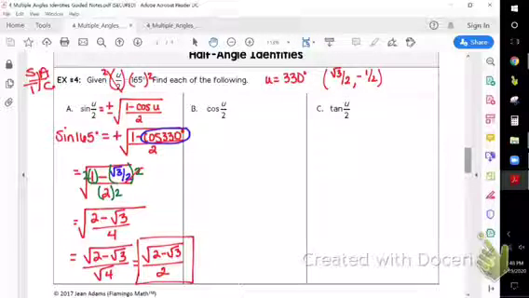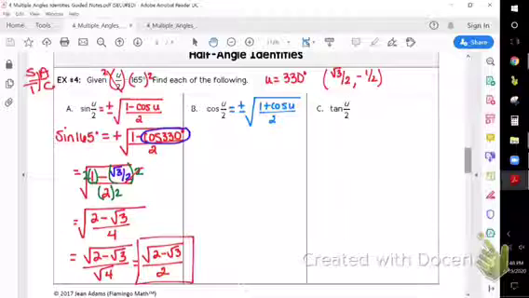Alright, let's look at B. Cosine of u over 2. Well, I'm going to write out my formula again. And so we have that cosine of u over 2 is equal to plus or minus a big square root of 1 plus cosine of u all over 2. It's almost the same thing as sine, but it's a plus sign inside instead of a minus sign inside. Alright, so for cosine of 165 degrees, is it going to be positive or negative?